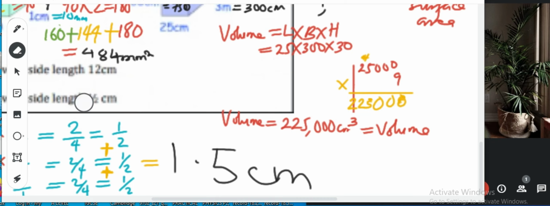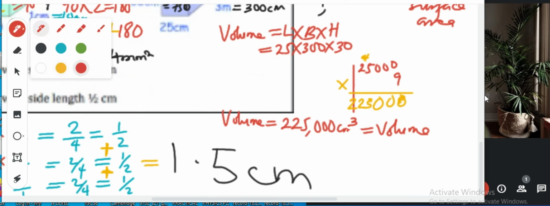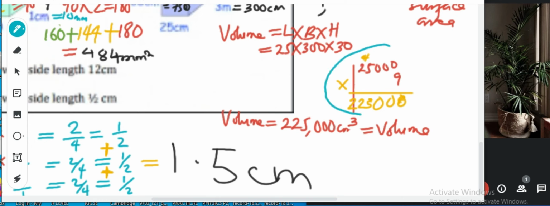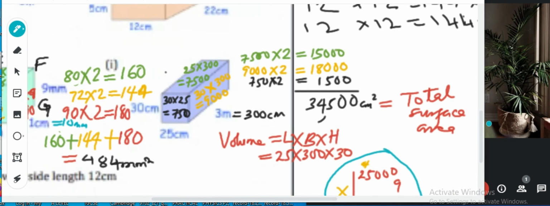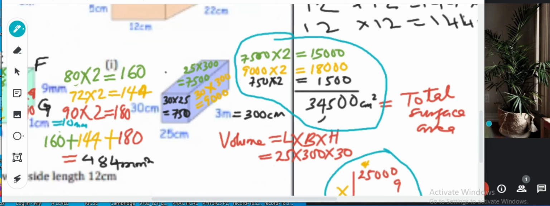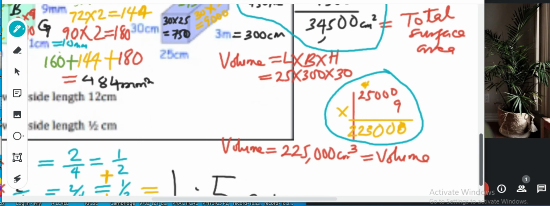With our rough work shown here, this is our space for our rough work. Okay. So that's for total surface area and all that.